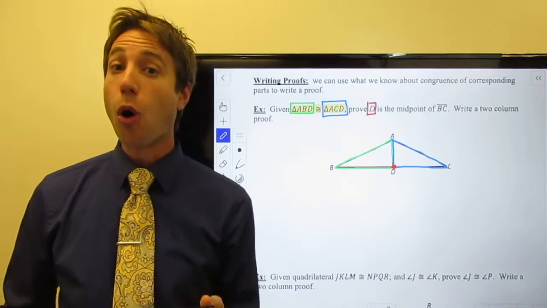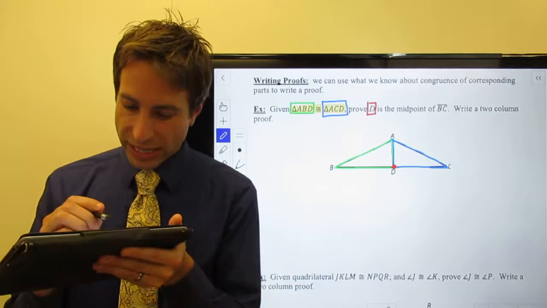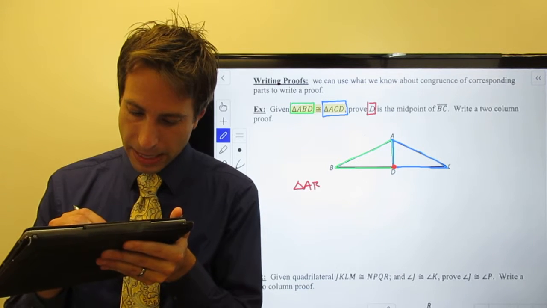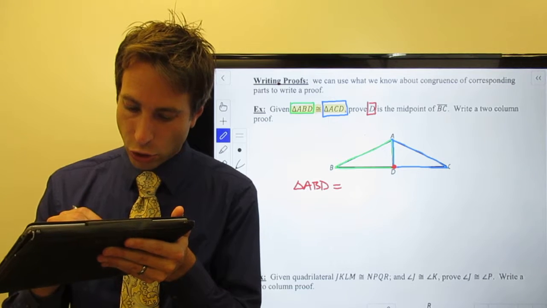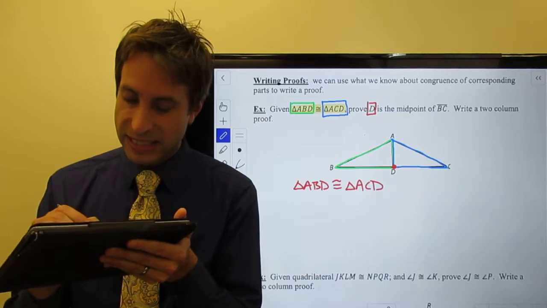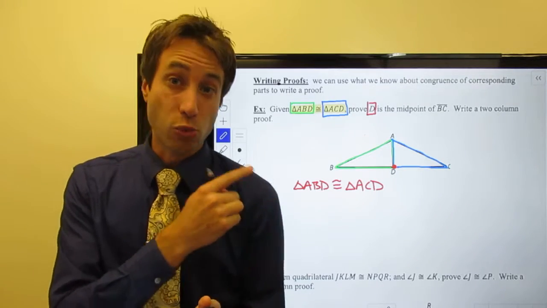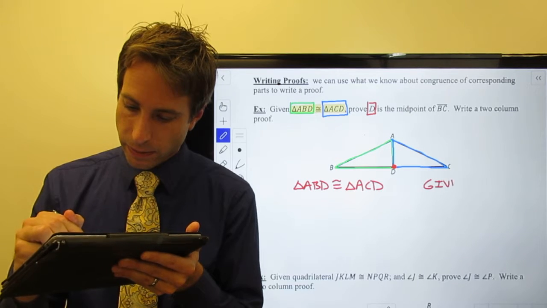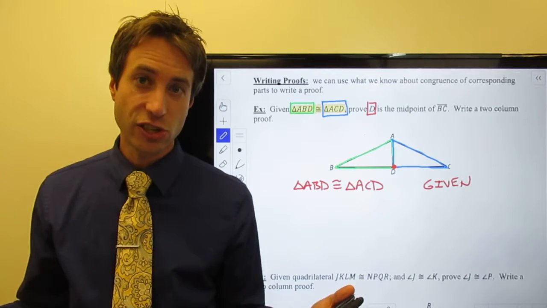So here we go. Always start with what you're given. I am given that triangle ABD is congruent to triangle ACD. What allows me to write that statement? Well, it's given. That's my justification.